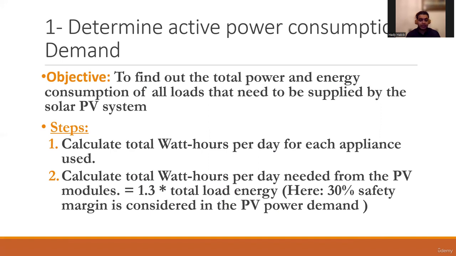And then we are going to multiply it by 1.3 in order to have a safety factor considered in our PV power demand, because we are not sure that our demand will not increase, or even that there will be enough sun to cover our consumption. So we usually add those 30% as a safety margin.